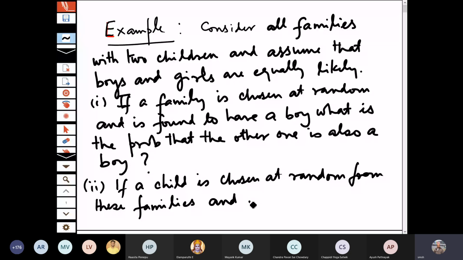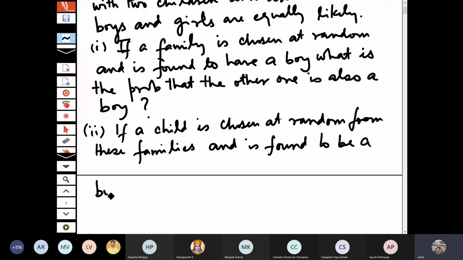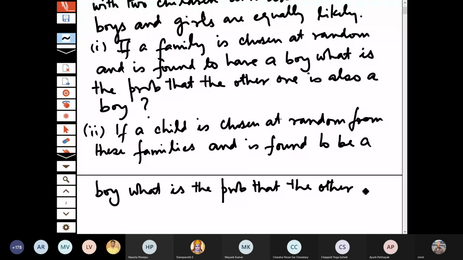and is found to be a boy, what is the probability that the other child in that family is also a boy?